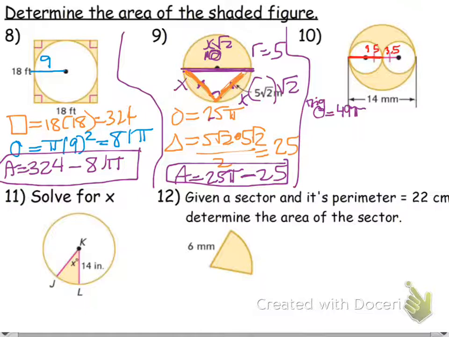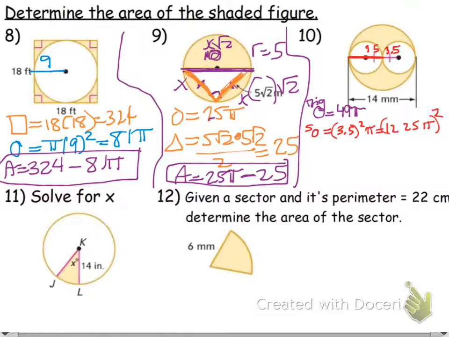So I'm going to get the area of just one small circle, which is 3.5 squared times pi. That's pi r squared, which would be 12.25 pi. We don't just have one of those, I have 2 of those. So I'm going to multiply that by 2.